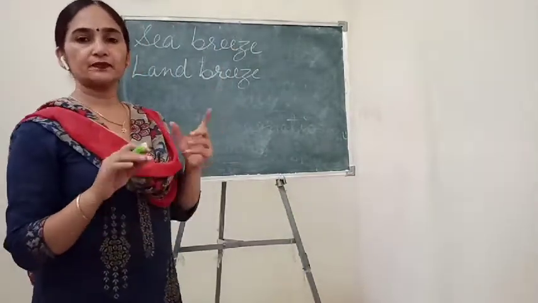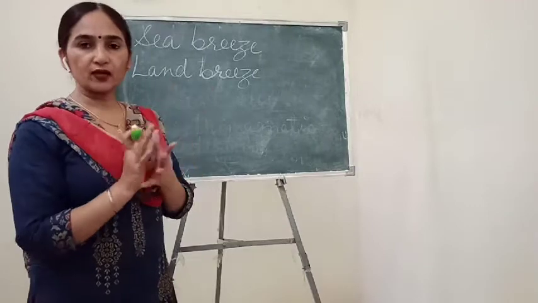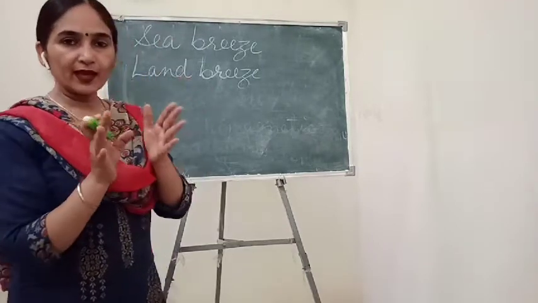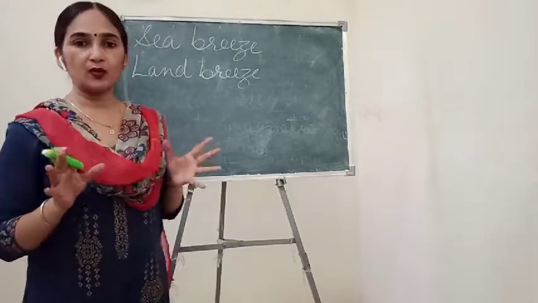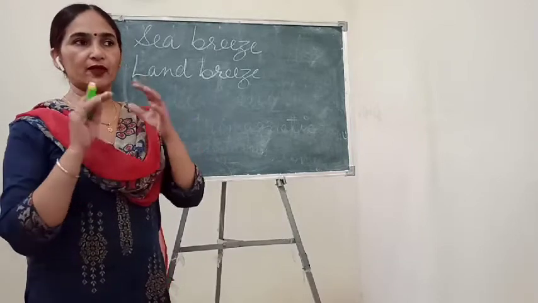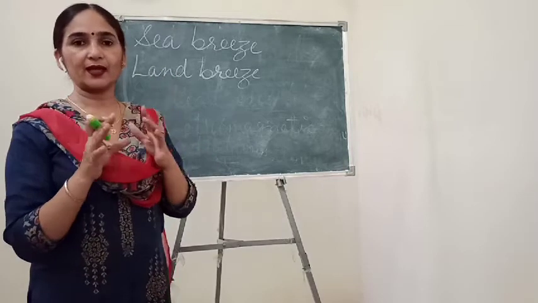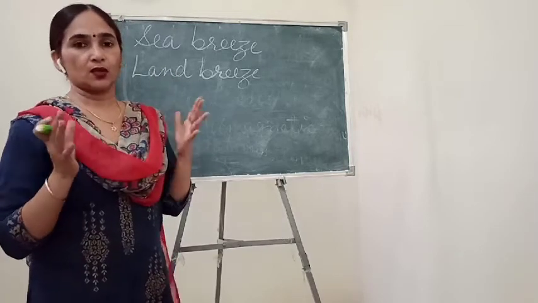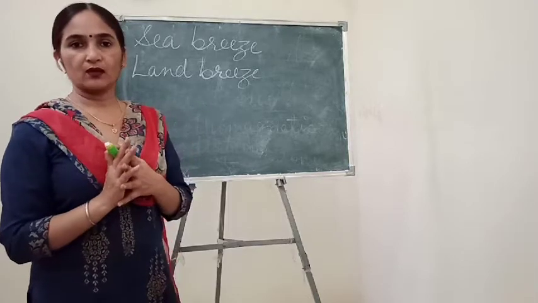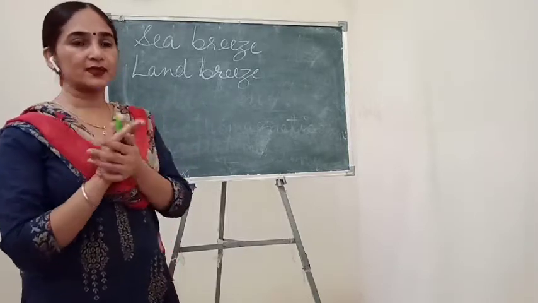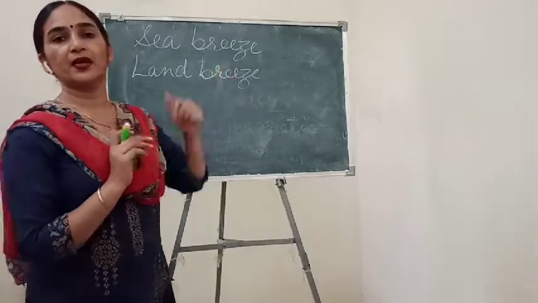Breeze means air. Which kind of air? Moving air which is pleasant to us, which when we feel that air, then we feel, wow, how nice air is moving. So that kind of pleasant air is called breeze.